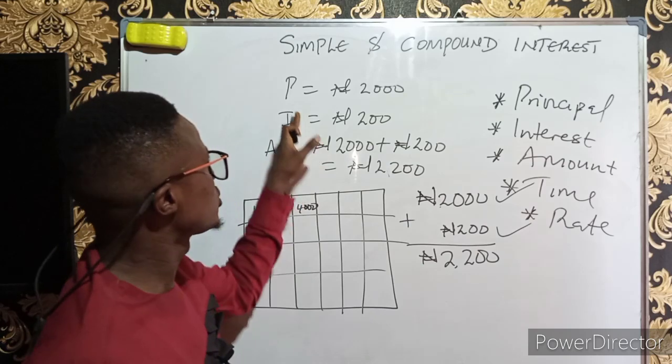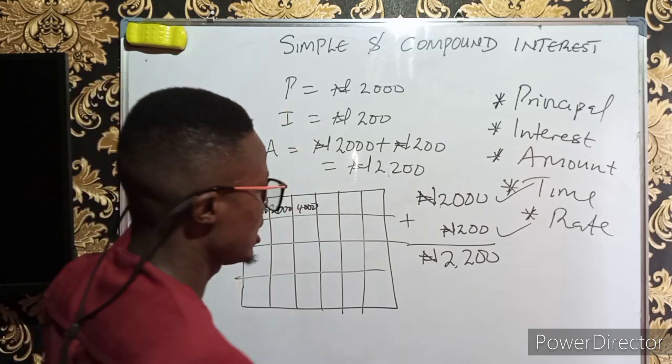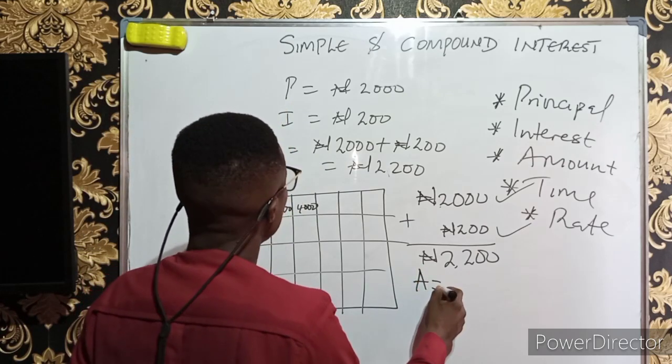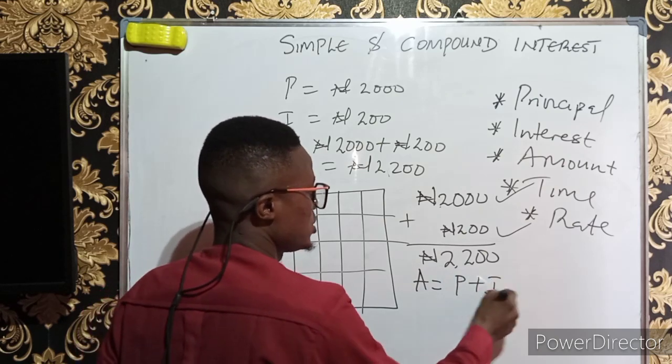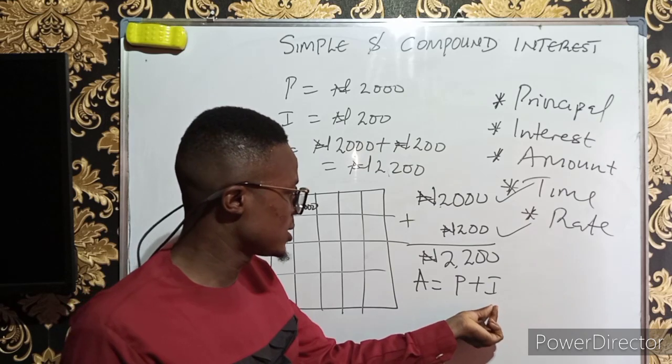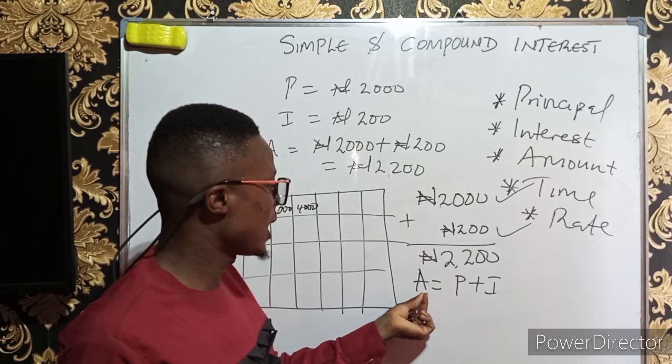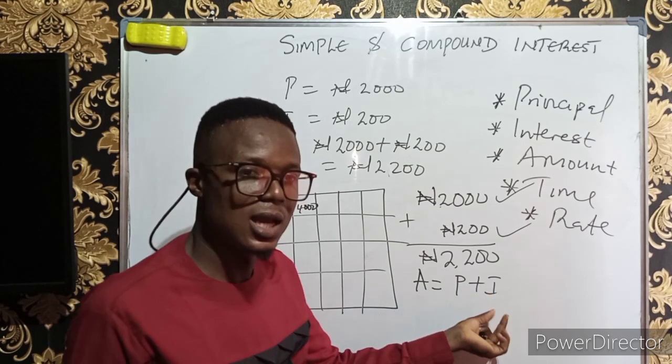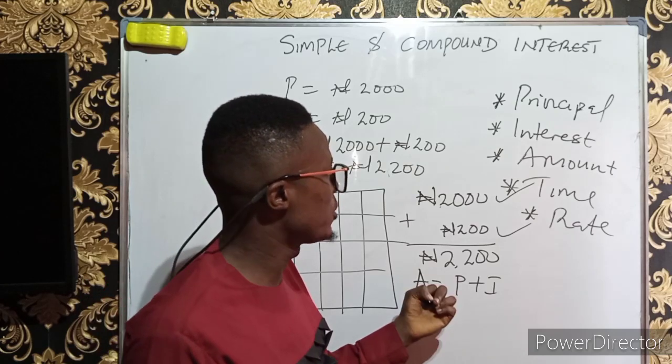So amount is just the sum of principal and interest. Hence, you can write that amount equals principal plus interest. From this, you can get formulas for principal and interest. Principal is just amount minus interest, and interest is amount minus principal.